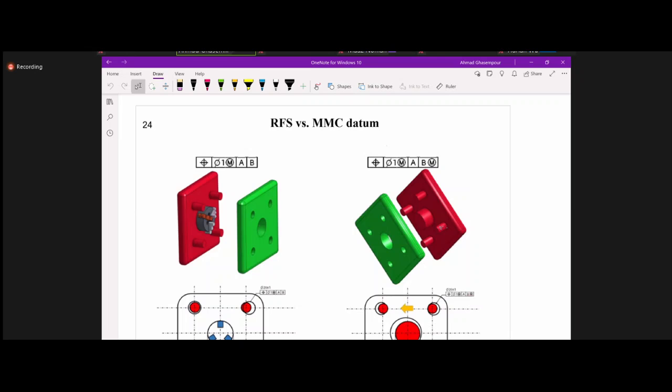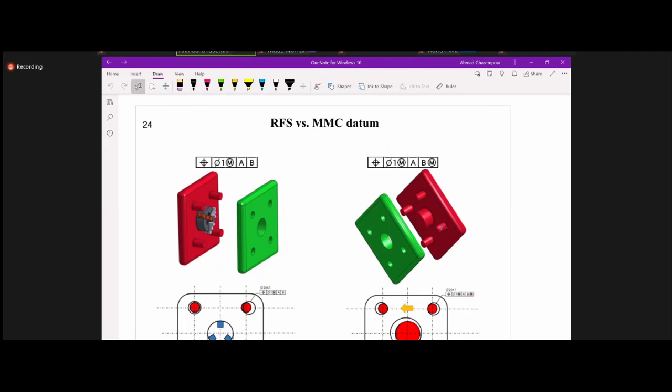Now, this business of material condition also applies to datums. Remember, we said there are two types of datums, the ones which are a feature of size, and the ones that are not. So if you remember, a surface is not a feature of size, but can be a datum, whereas a diameter of a pin could be a datum, but also a feature of size.